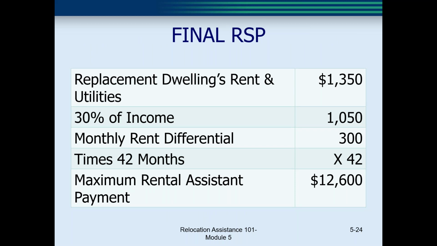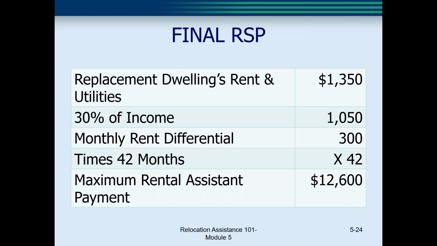So let's look at the final RSP. We're still assuming that they are low income. The replacement site dwelling's rent and utilities is $1,350. We're still using their 30% income of $1,050. The difference is $300 times 42 months, which is $12,600.